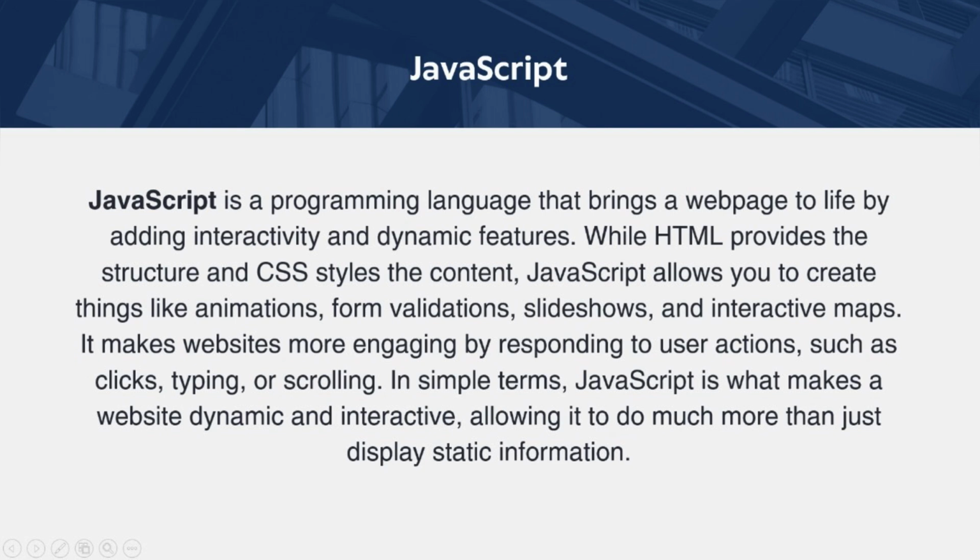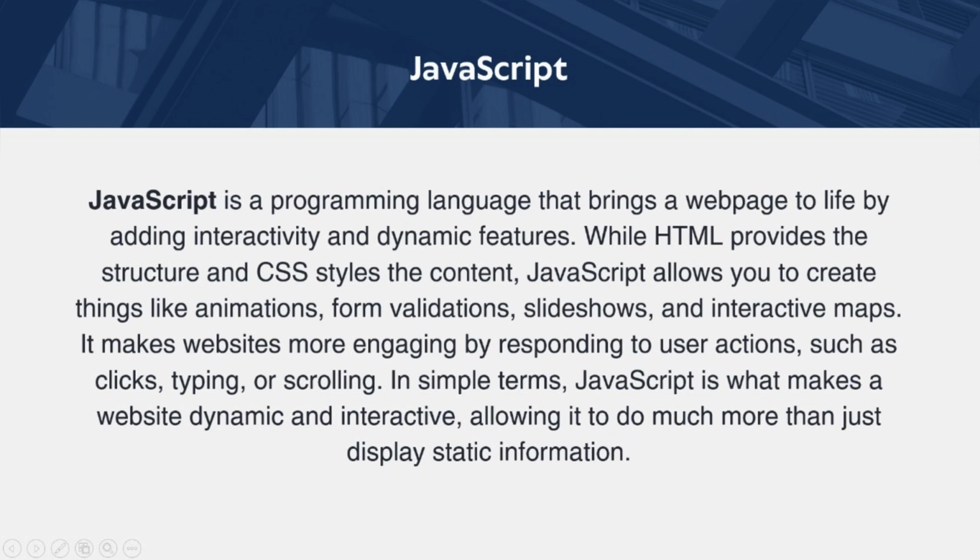JavaScript. JavaScript is a programming language that brings a web page to life by adding interactivity and dynamic features. While HTML provides the structure and CSS styles the content, JavaScript allows you to create things like animation, form validation, slideshows, and interactive maps.